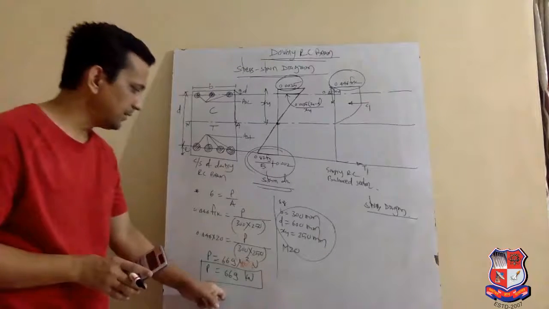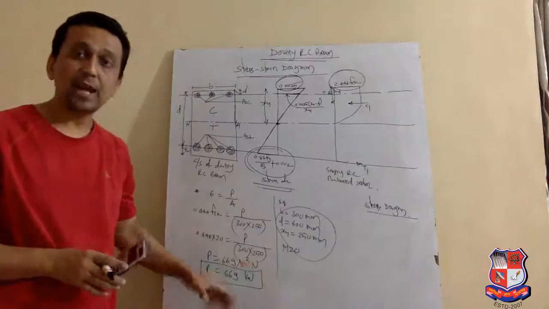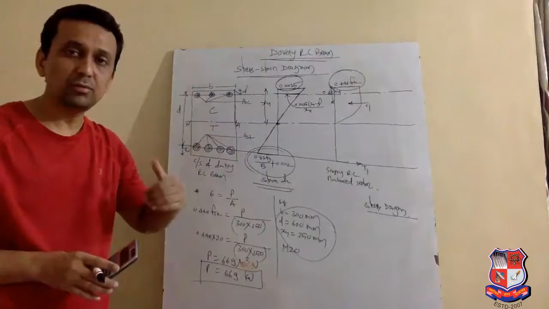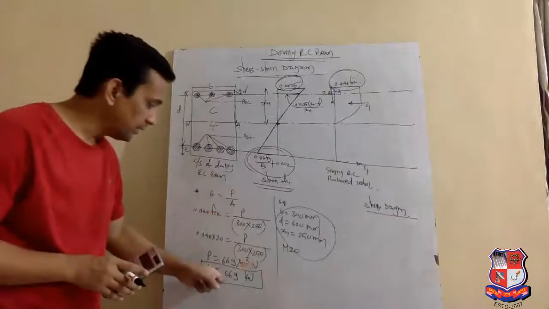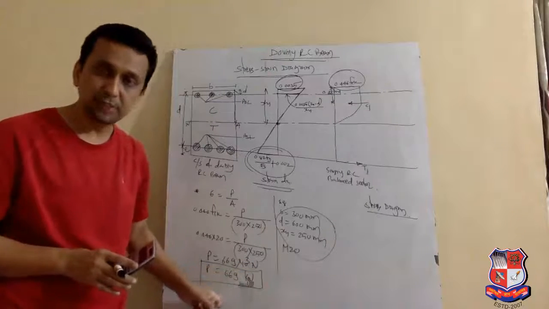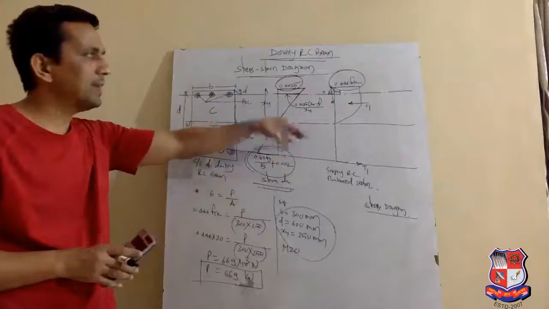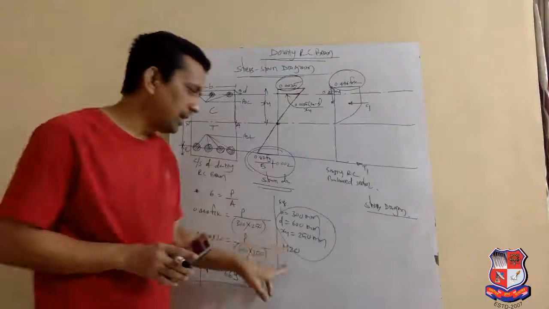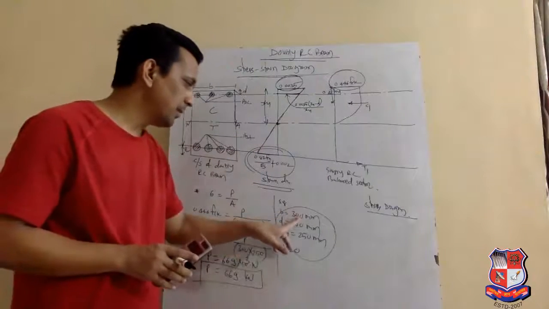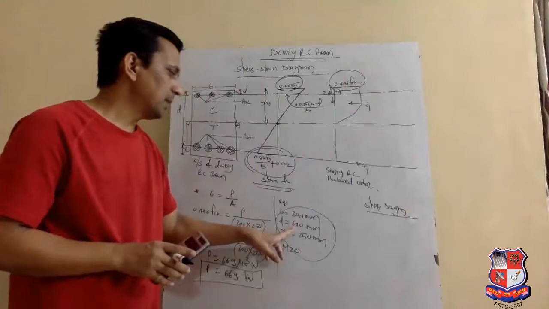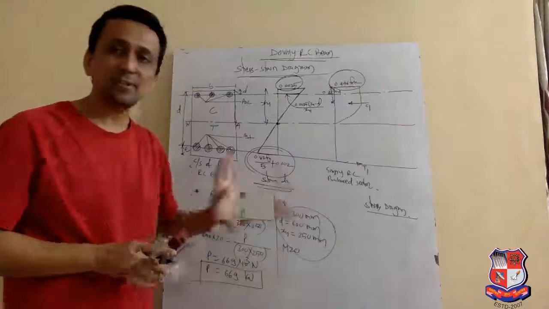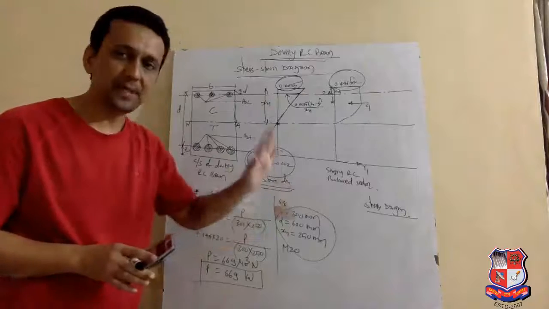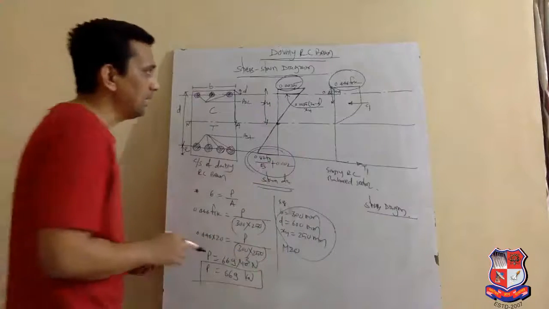What does that mean? It means when the beam is subjected to a load beyond 669 kilo Newton, the beam will fail in compression, if M20 grade of concrete, width of beam is 300, depth of beam is 600 mm, and depth of neutral axis is 250 mm. Right?